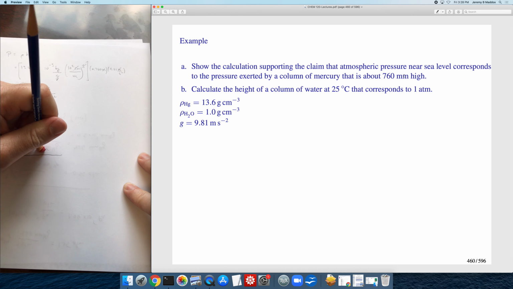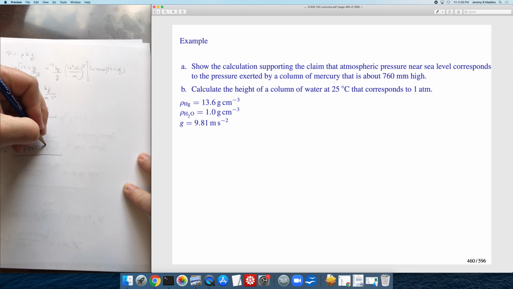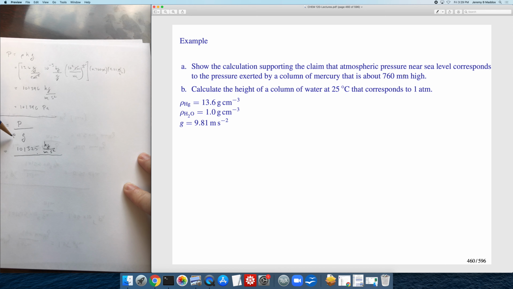in fact, instead of leaving it as a pascal, I'm going to go ahead and write it as kilograms meters per second squared. Now we'll plug in for the density of water, which is 1 gram per cubic centimeter. But again, we need to convert that to the SI units.